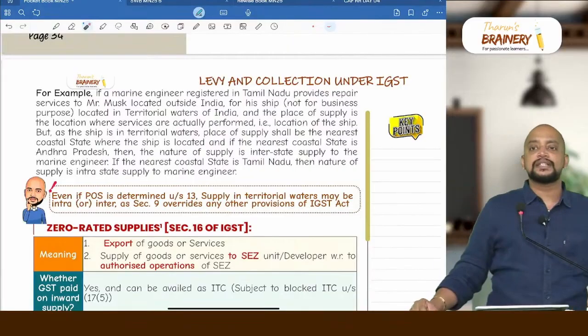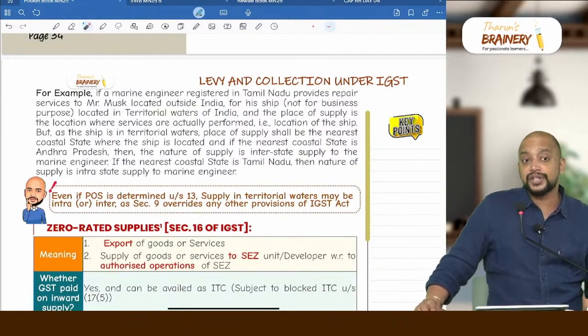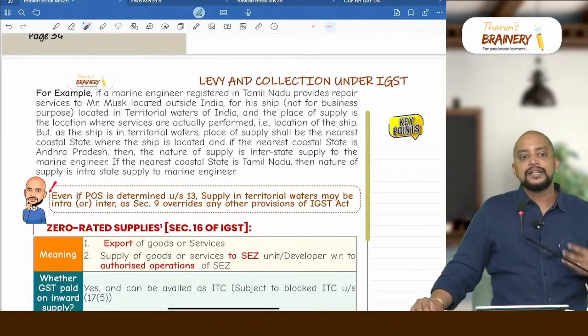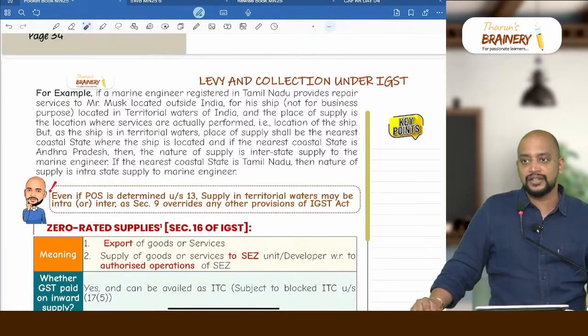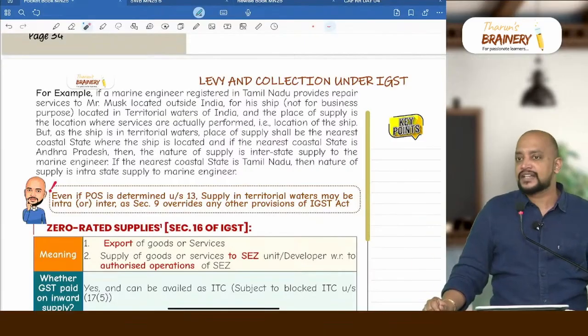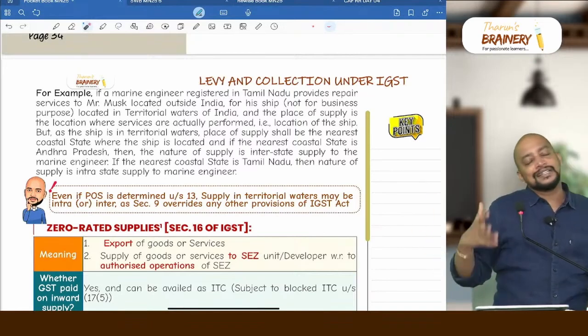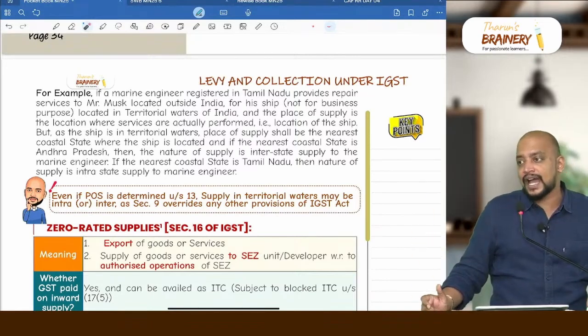Now the place of supply is determined under section 13. As per section 13, we need to see the location where the service is actually performed. The service is actually performed on the ship, because in case of a ship used for business purpose only, we have an exception which says that the location of the recipient should be taken as place of supply. Otherwise, if it is not for business purpose, then we need to see the location where the service is actually performed.